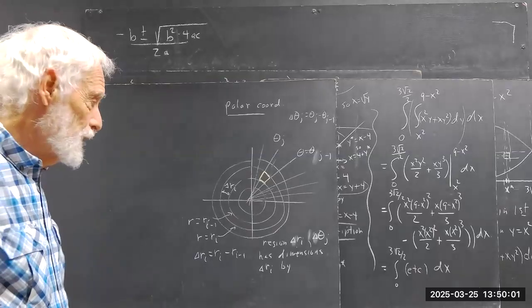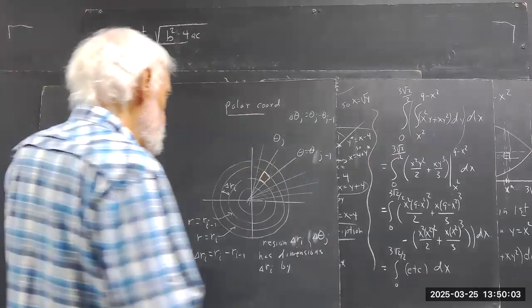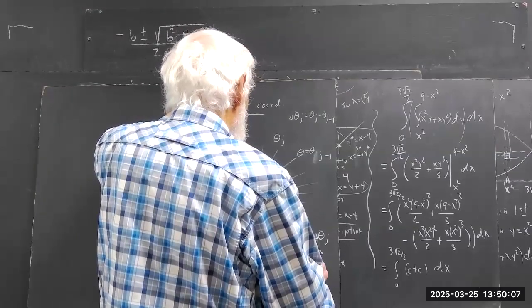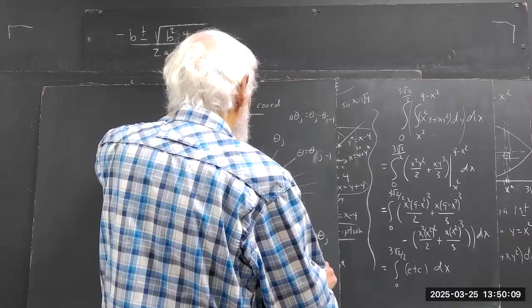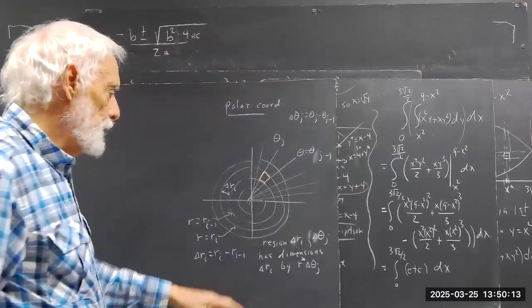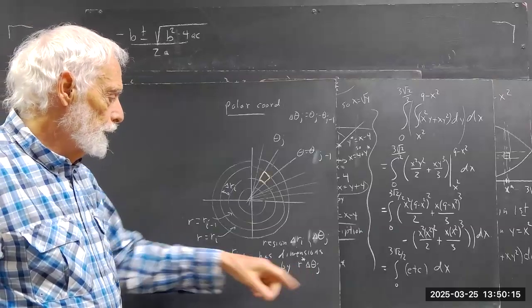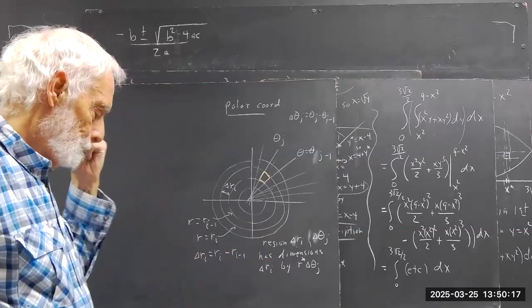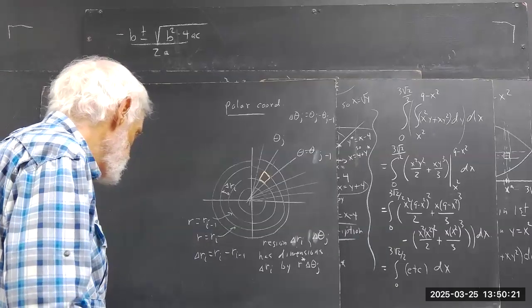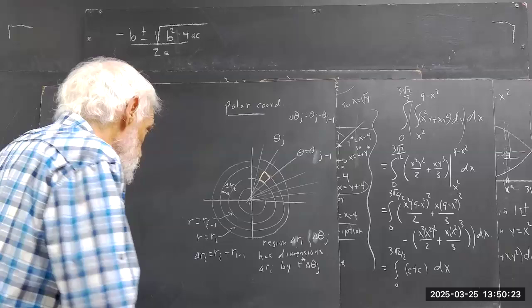Okay? So I'm going to wave my hands a little bit. Say it's R sub i star delta theta sub j. Now I haven't defined R star. I'm going to do that in a second.